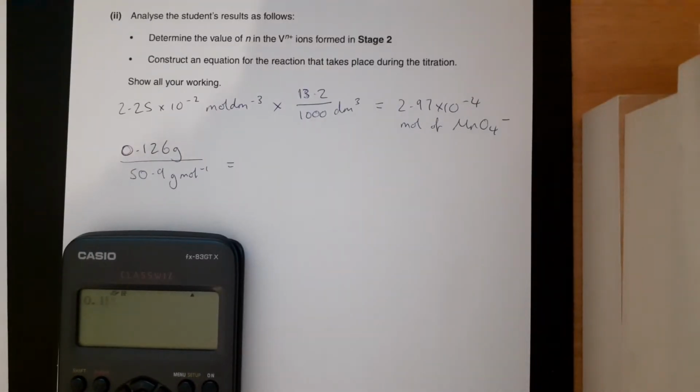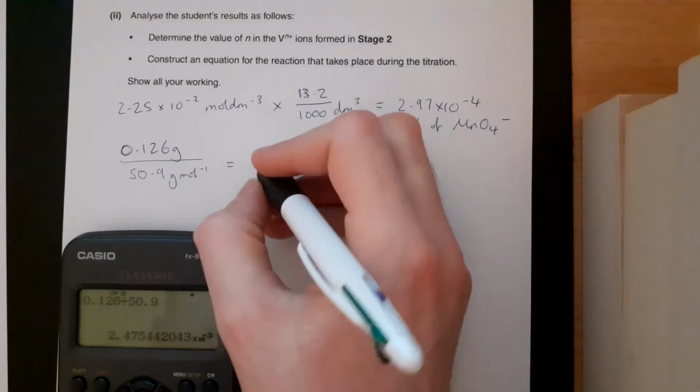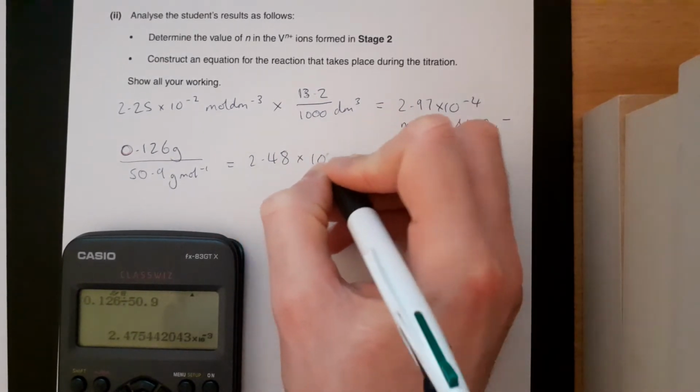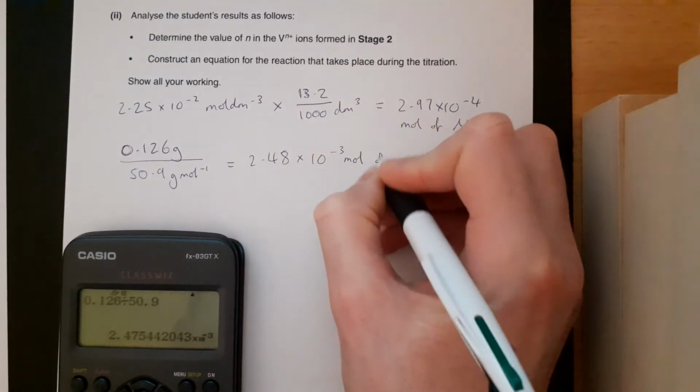So 0.126 divided by 50.9 is 2.48, let's call it, times 10 to the minus 3 moles of vanadium.